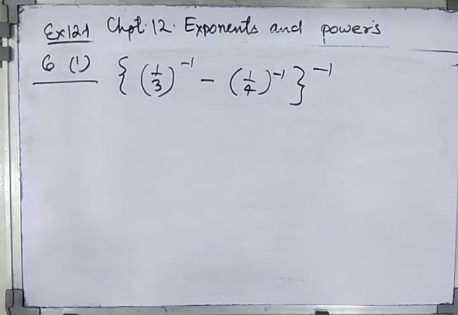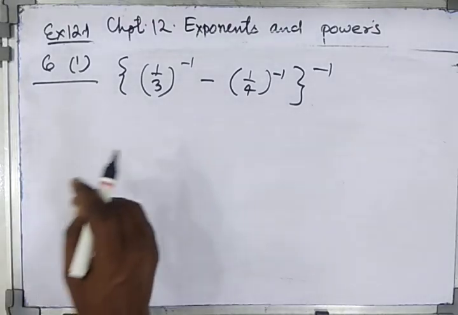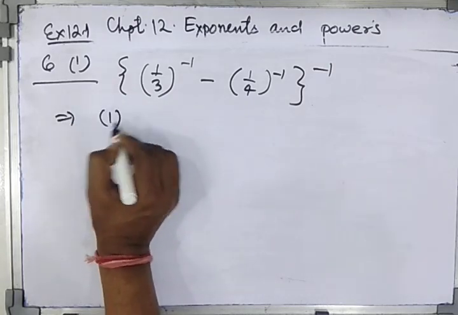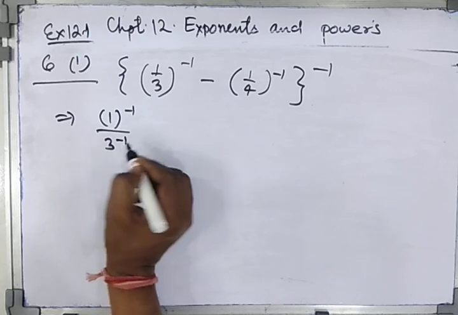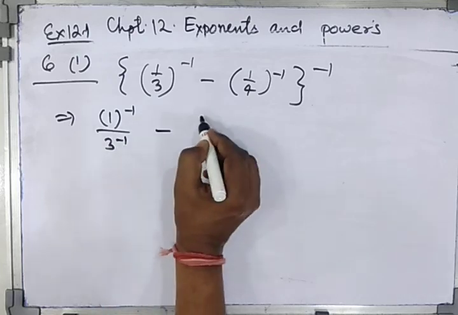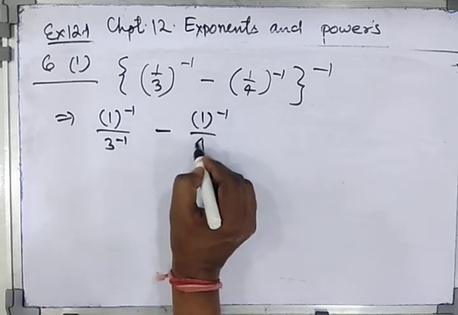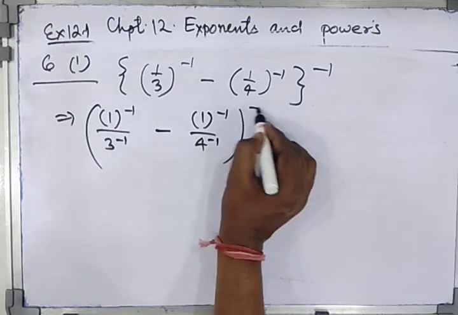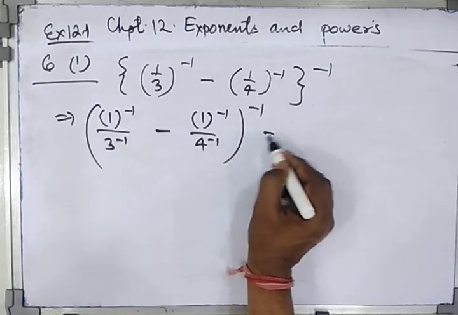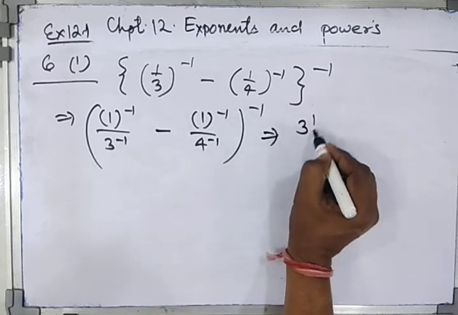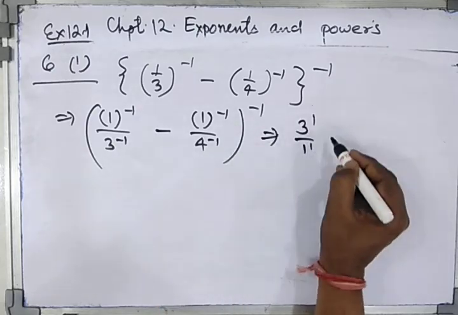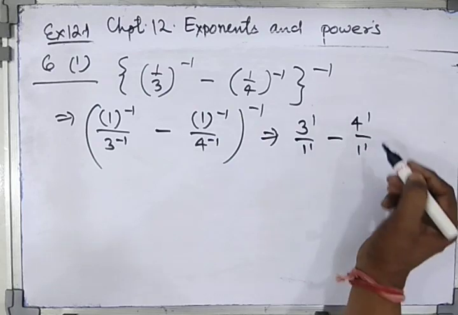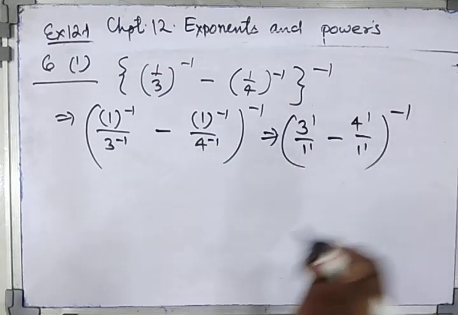So this will be equal to 1 raised to minus 1, 3 raised to minus 1, minus 1 raised to minus 1, 4 raised to minus 1, whole raised to minus 1. So this will be equal to 3 raised to 1 by 1 raised to 1 minus 4 raised to 1 by 1 raised to 1, whole raised to minus 1.